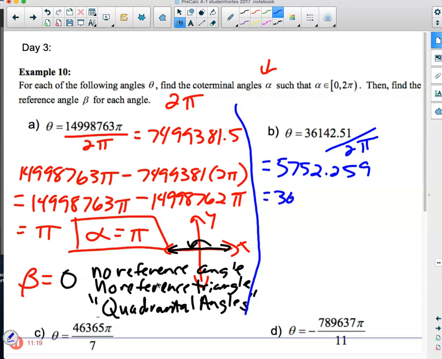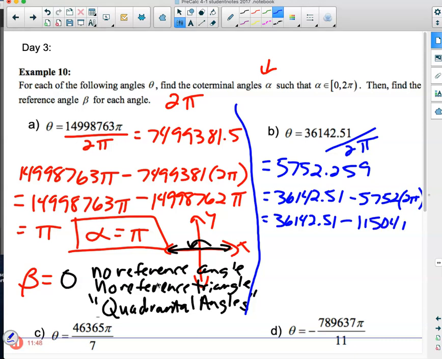So this will be 36,142.51 minus 5,752 times 2 pi. 36,142.51 minus 5752 times 2, which is 11,504 pi.